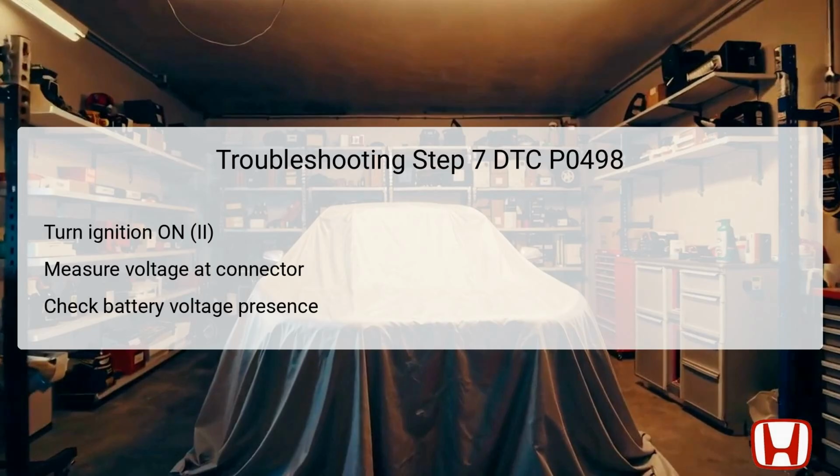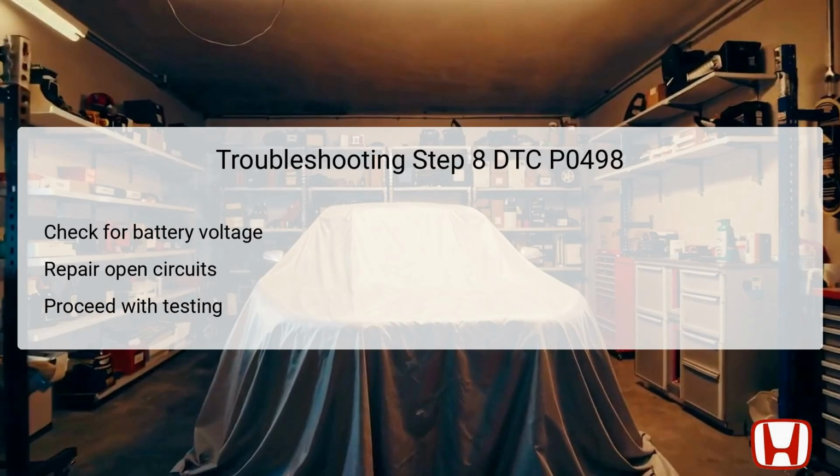However, if battery voltage is not present, this indicates a potential open circuit in the wiring between the EVAP canister vent shut valve and the PGM-FI subrelay. Identifying the presence or absence of voltage is crucial in diagnosing the underlying issue with the EVAP system.